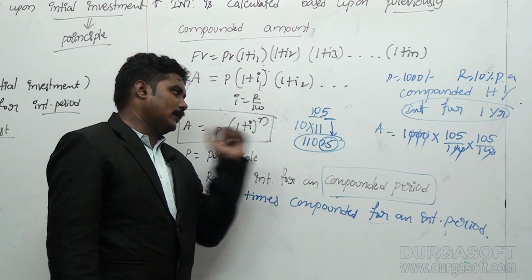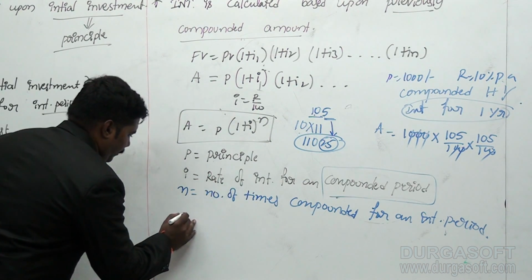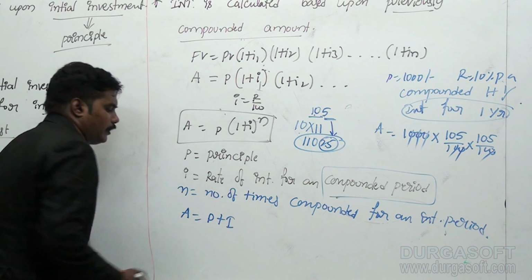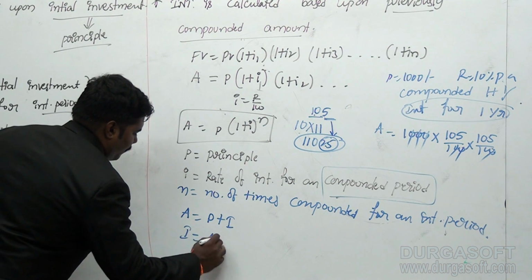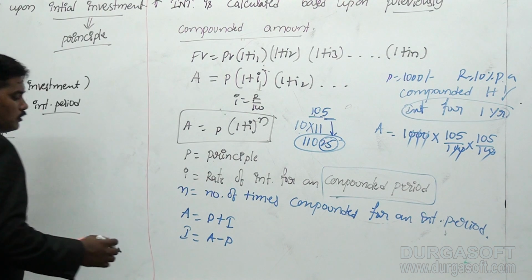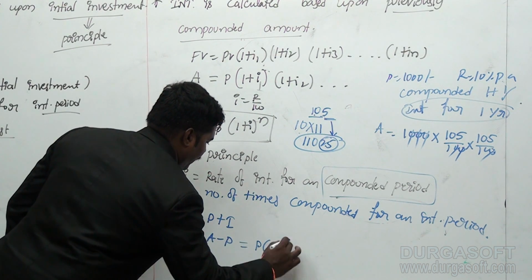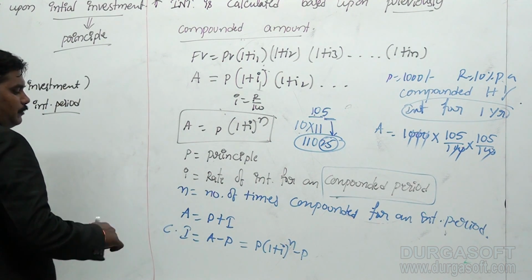When you subtract the 1000, what is the interest? 102.5. That means here the amount includes principal and interest, so interest is equal to amount minus principal. In this format, amount A is equal to P of 1 plus I whole power n, minus P. Then the interest is nothing but the compound interest.